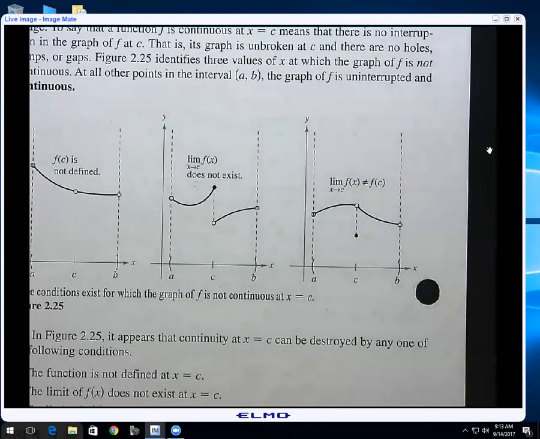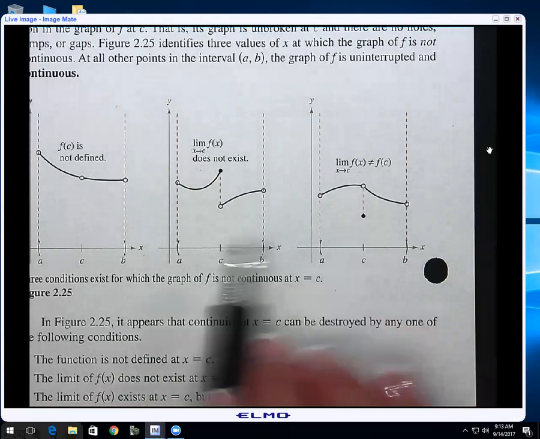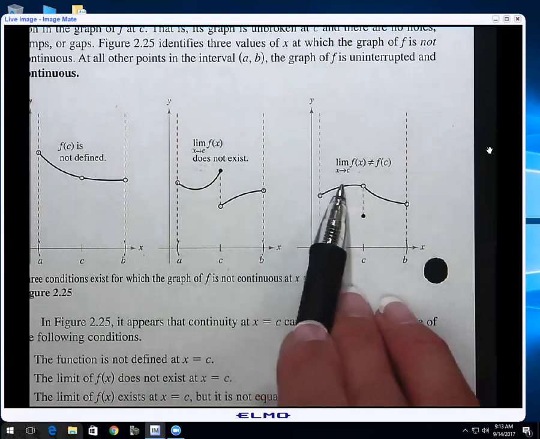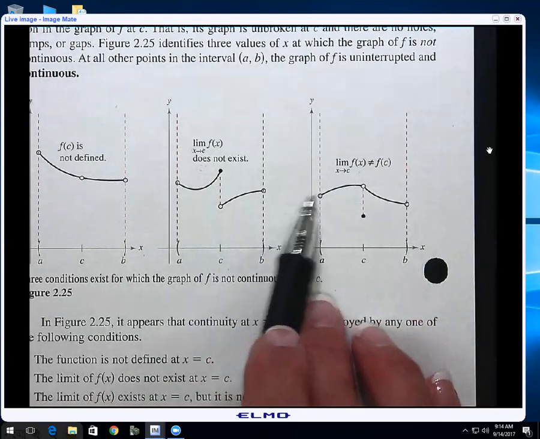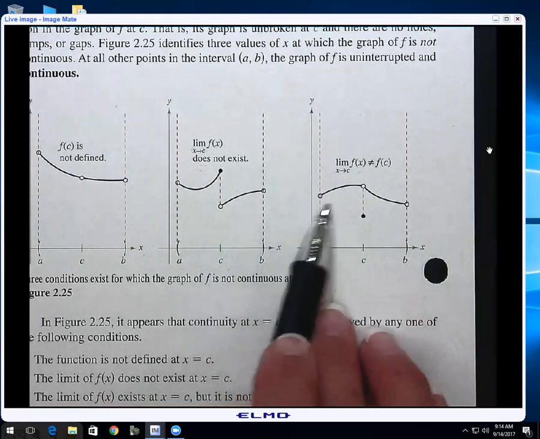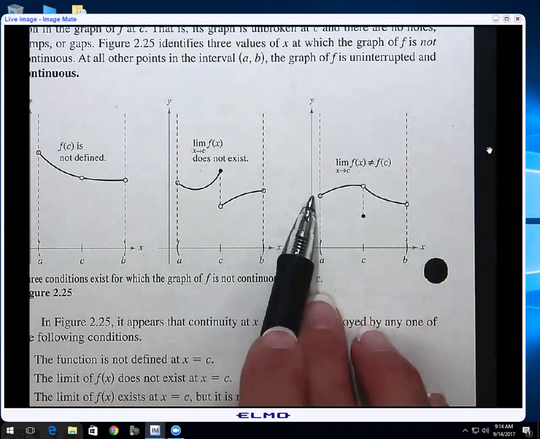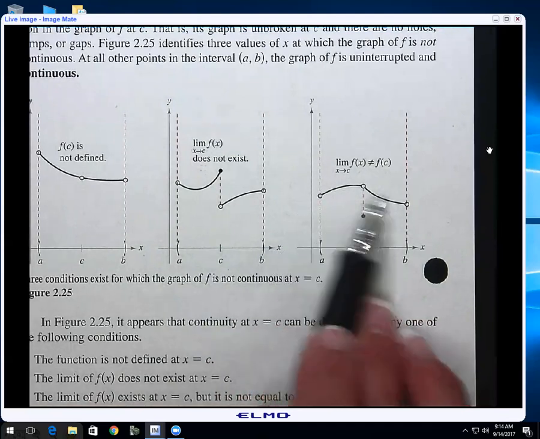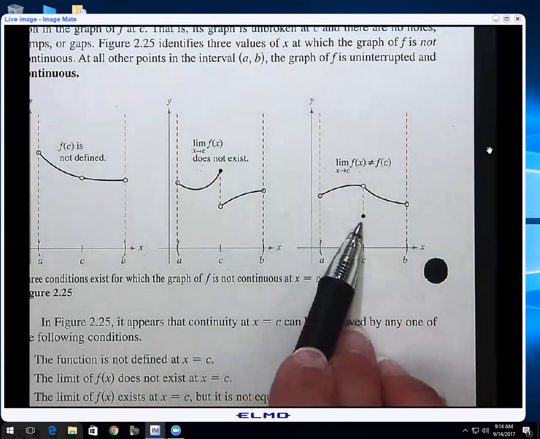The third one, well, the function is defined at C. What's the limit as x approaches C from the left? You really can't tell because they're not giving you any tick marks on the y-axis, but the limit does exist at C because y is approaching the same thing from the left as it is from the right, but it's not the same as what the function's defined to be at that point.